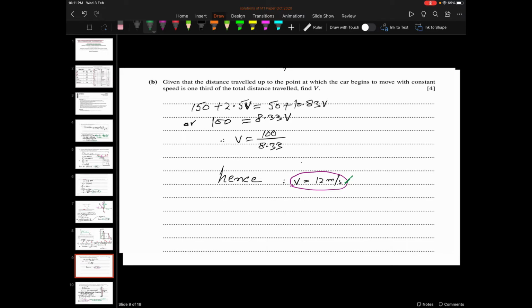Then v is equal to 100 upon 8.333. Hence, v is equal to 12 meters per second.